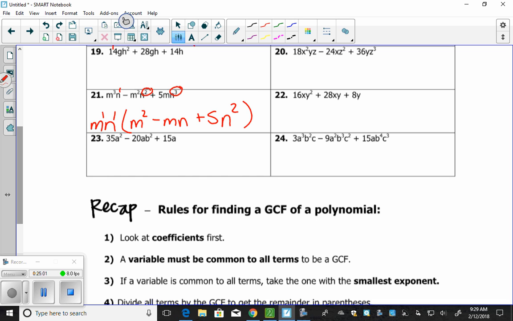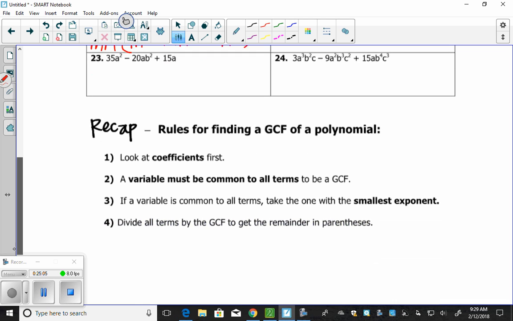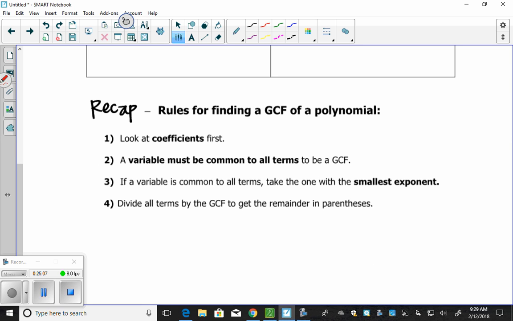Let's recap. Rules for finding a greatest common factor of a polynomial. Okay, so these are the rules. We've already kind of went through them, so it shouldn't be anything new. The first thing you look at is the coefficients. You pick out the greatest number that will go into all of the coefficients.